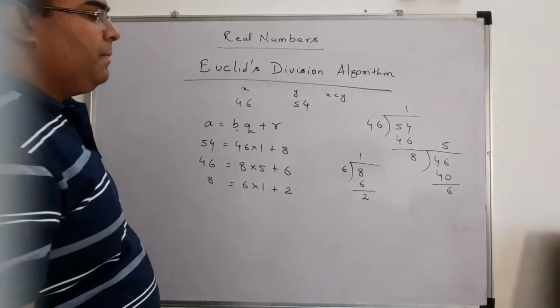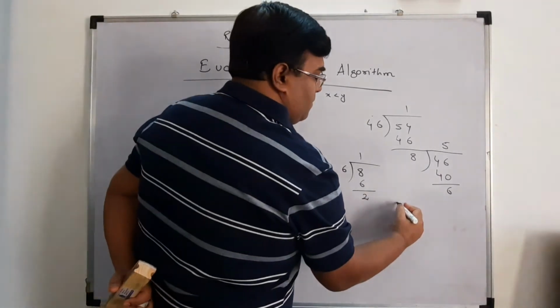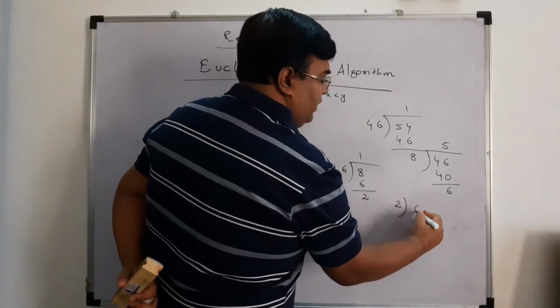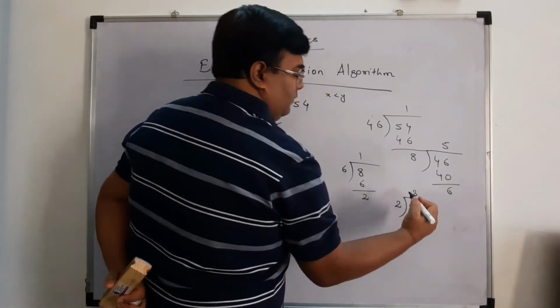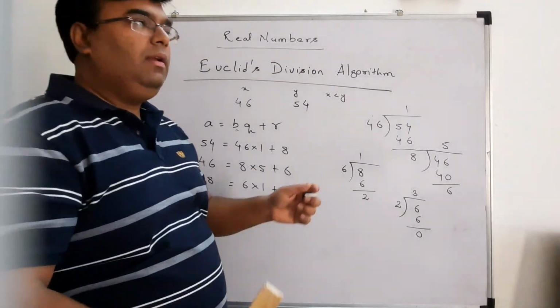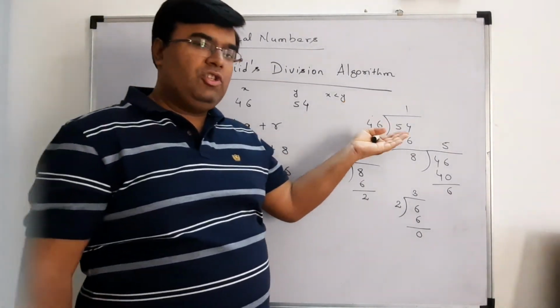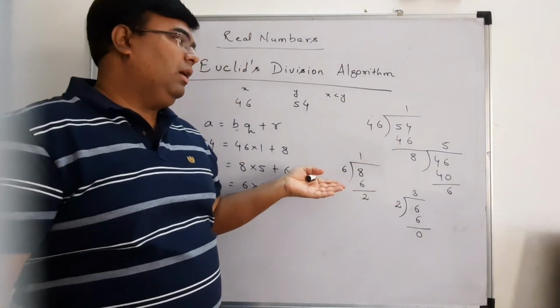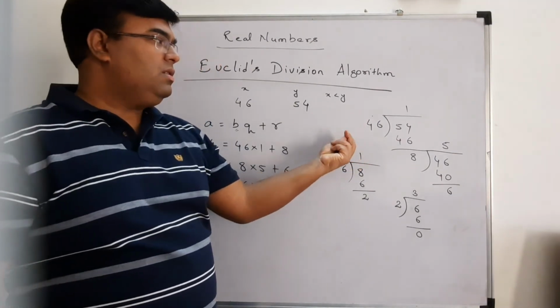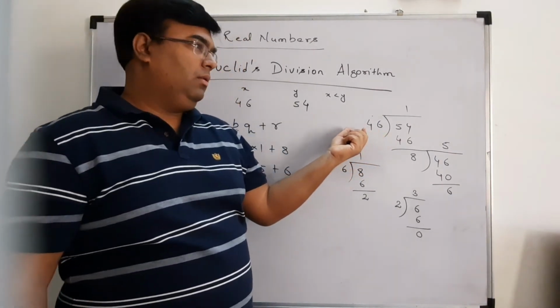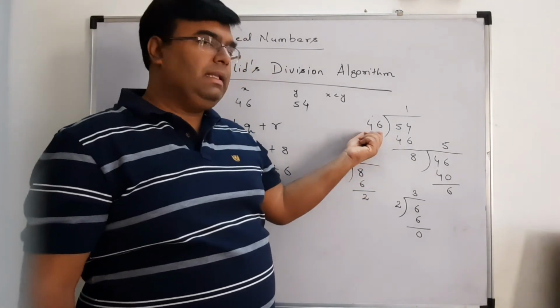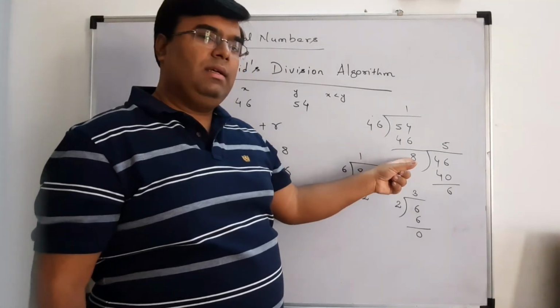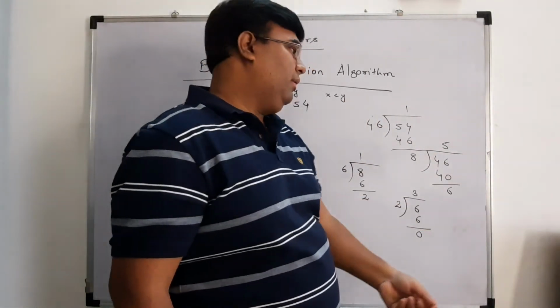Correct? Next, 2 outside, 6 inside. So what are we doing here? We are doing division multiple times, okay? And the process is like, first you divide the bigger number by the smaller number so that your remainder is less than this, so that you can use it as the next b, right?